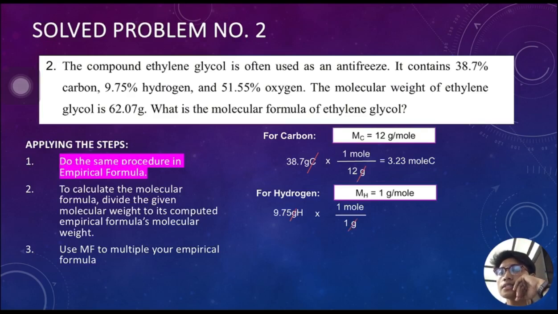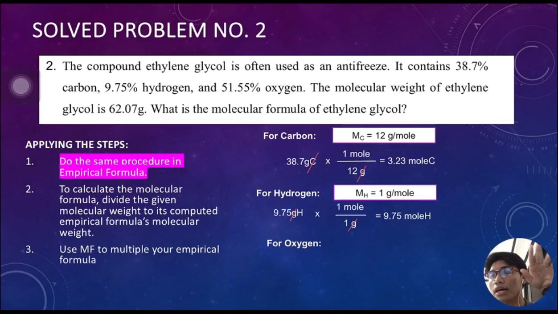So we cancel the grams, then we will have 9.75 moles of hydrogen. Even if you use the as-is values of those molar masses that you see in the periodic table, it will still be the same. The same result will come out, because you look for the lowest, then you divide anyway.